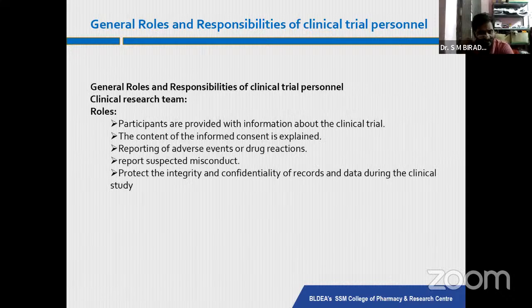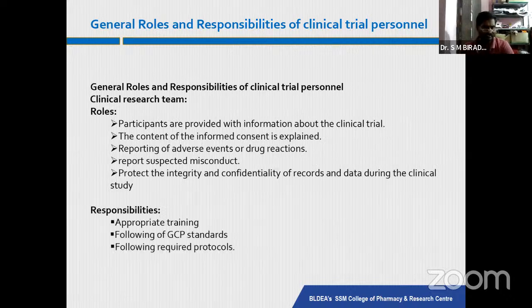The team must also protect the integrity and confidentiality of records and data during the clinical study. It is everybody's responsibility that the integrity and confidentiality of the outcome of the clinical trial be kept secret.